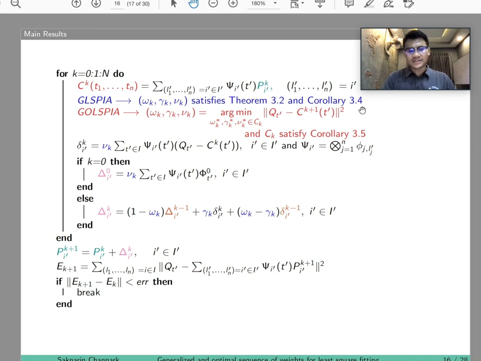And for the generalized and optimal sequence of weights, or GOLSPAA, we use omega k, gamma k, nu k equal to the argmin of this term satisfying Corollary 3.5, and then we can compute delta_i' k, and after that we can compute the new control point from this equation and compute the error of each iteration from this equation, and the iteration will stop when the error is less than 10 to the power of minus 7.